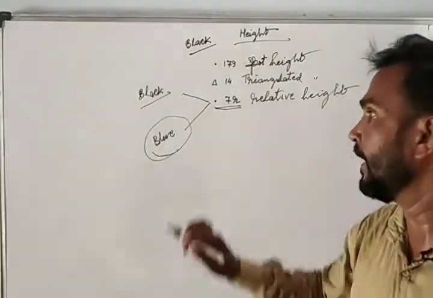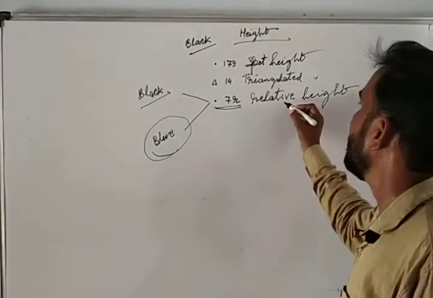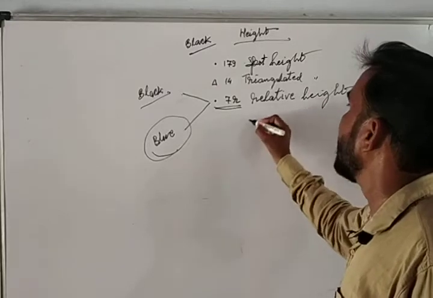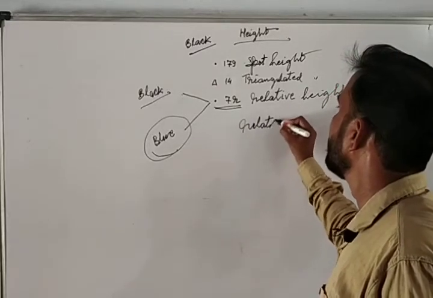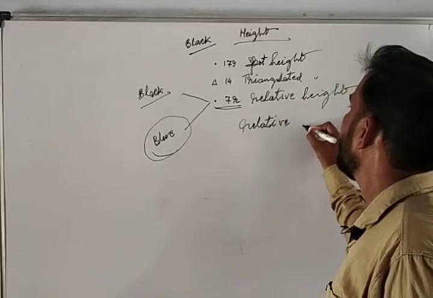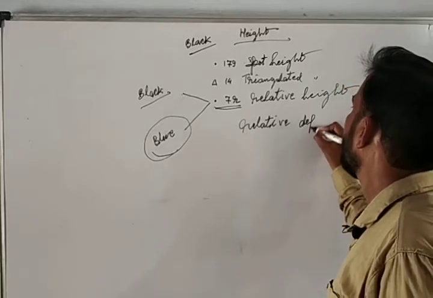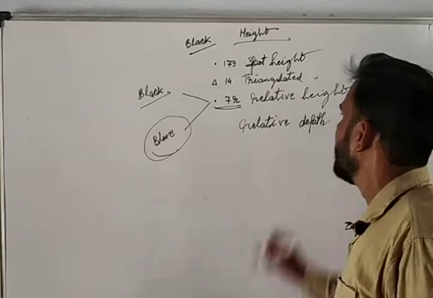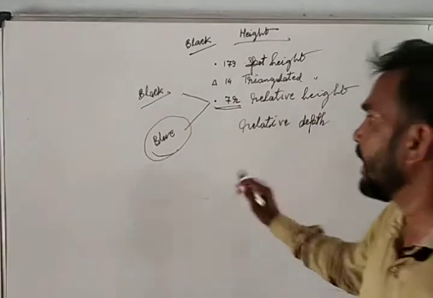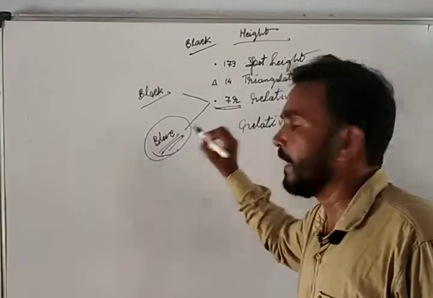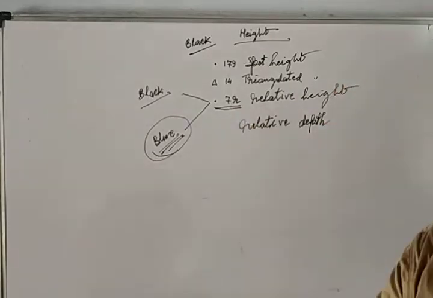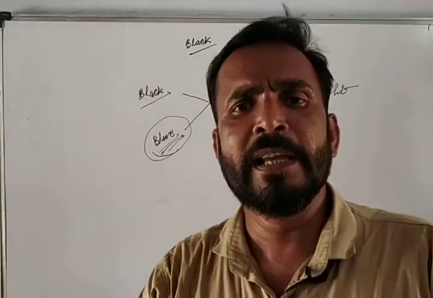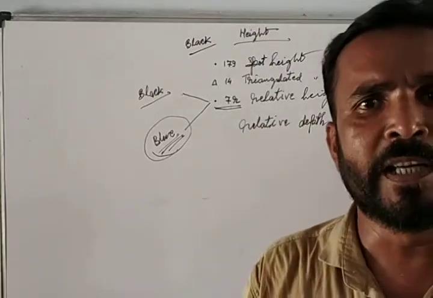If it is given in blue color, then in place of height, you will write relative depth. Okay. Generally, whenever blue color is given, it will be given in a river or a water body. Generally, at a leveled plain, it will not be given.